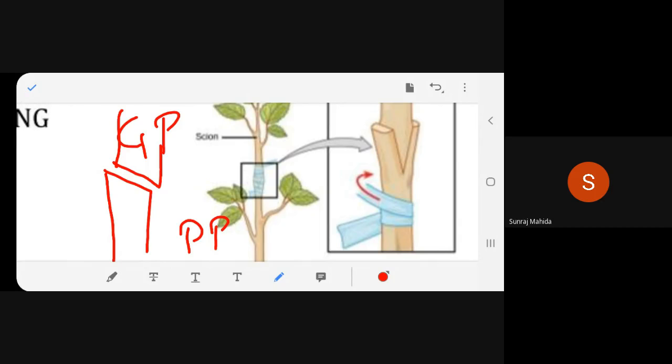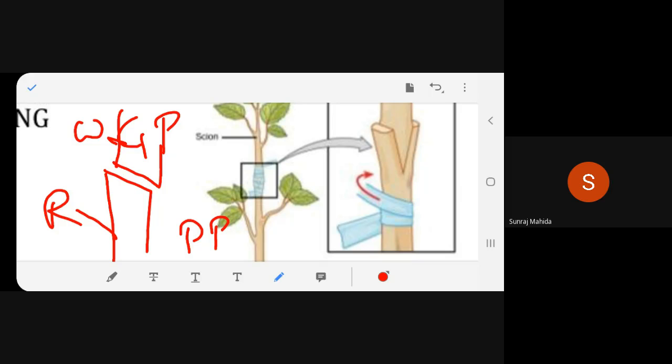But it will be rose only. If this one is giving red rose and this one is giving white rose, half of the branches will have white rose and half will have red rose. Understood? Because we combined the characters of the roses in one.